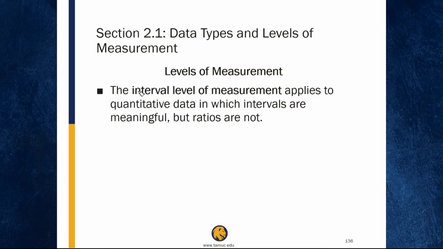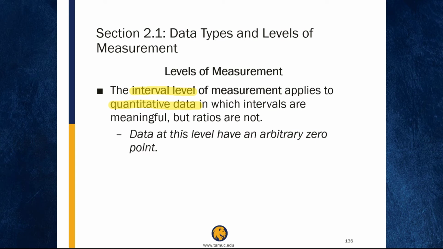Now, when we get back to quantitative types of data, there are 2 levels of measurement for those, so-called interval level of measurement. It applies to quantitative data in which the intervals are meaningful, but ratios are not.